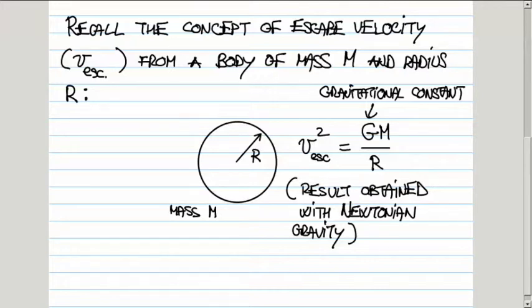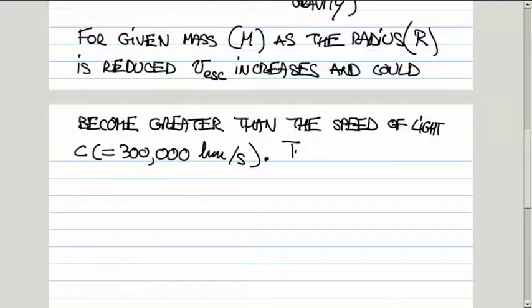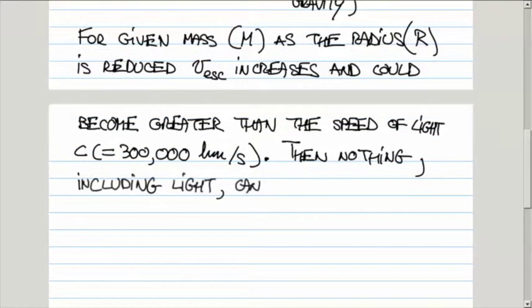So if I have a given mass and somehow I compress it into a smaller and smaller volume, I keep on decreasing the radius, the escape velocity will start increasing and could become greater than the speed of light. Okay? Then nothing, including light, can escape the gravitational confines of this body. Then nothing, including light, can escape the gravity of the body.